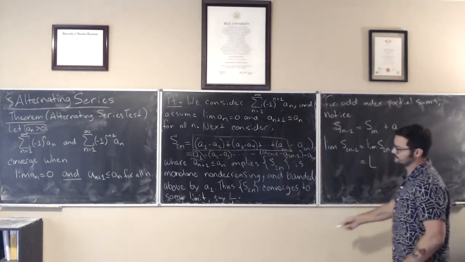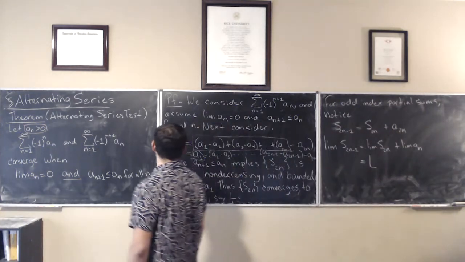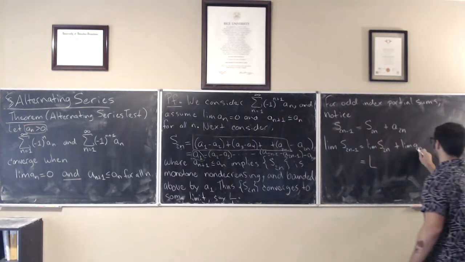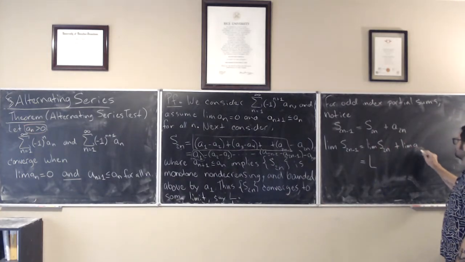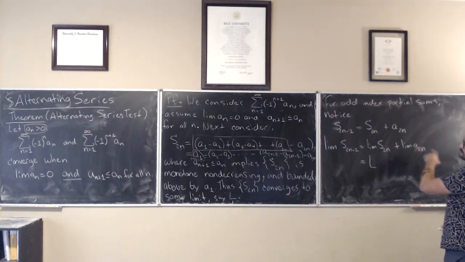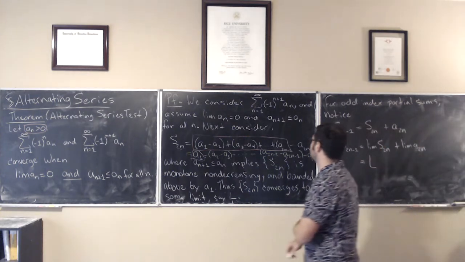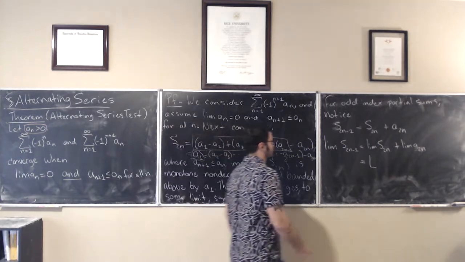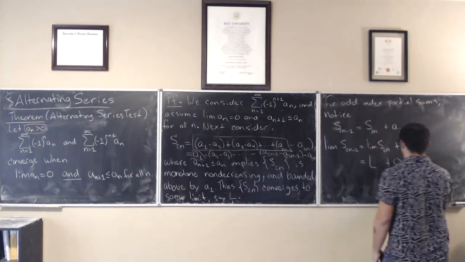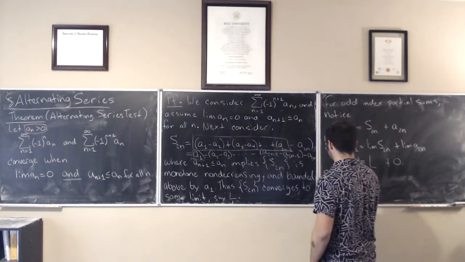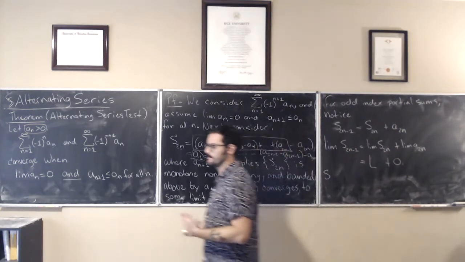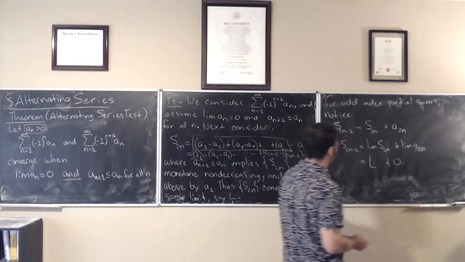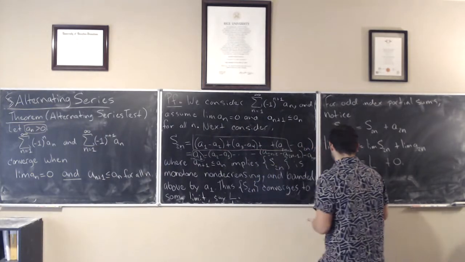We know that's L. That's what we assumed is called L. But then we also know that the limit of a sub n is the same thing as the limit of a sub 2n, and we know that that goes to 0. So it's just plus 0. So since both these sequences converge to the same limit, all of the partial sums converge.